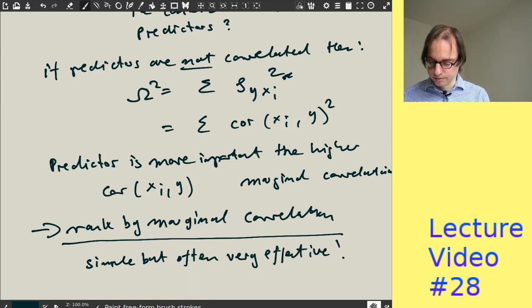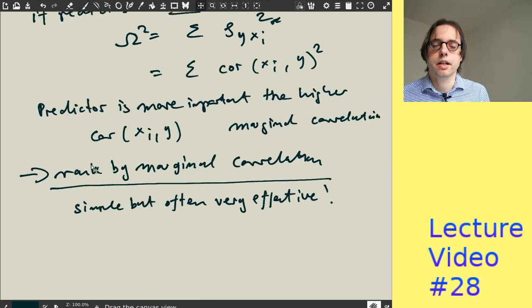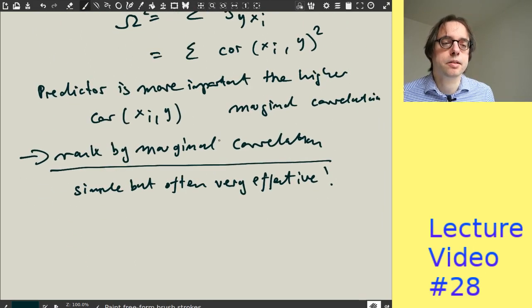So what other criteria are available? The simplest is the marginal correlation or squared marginal correlation.